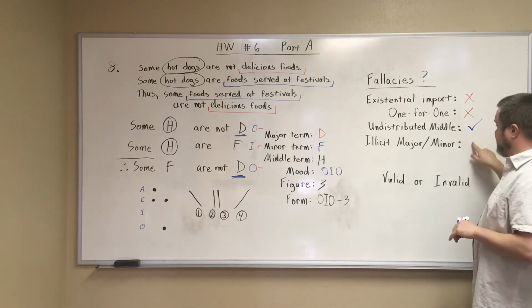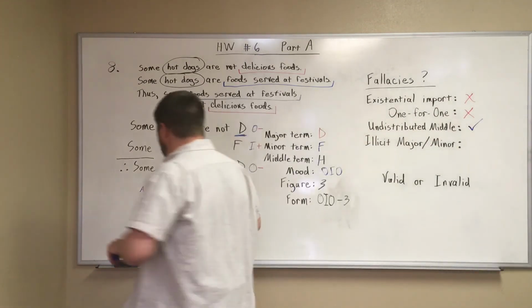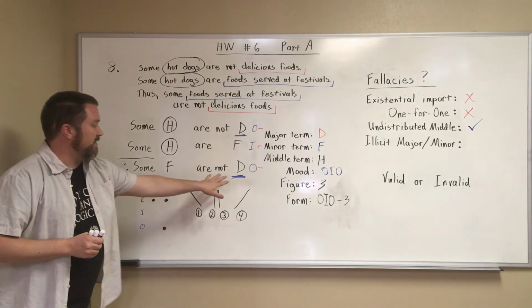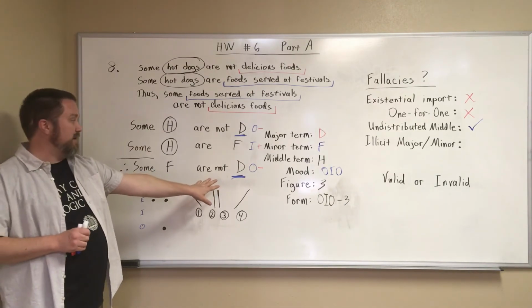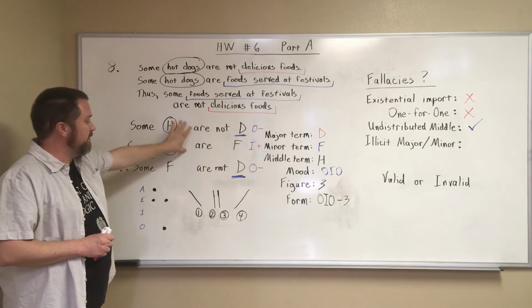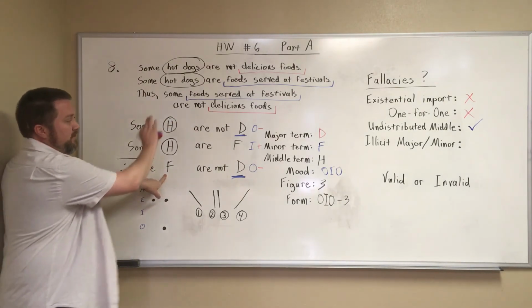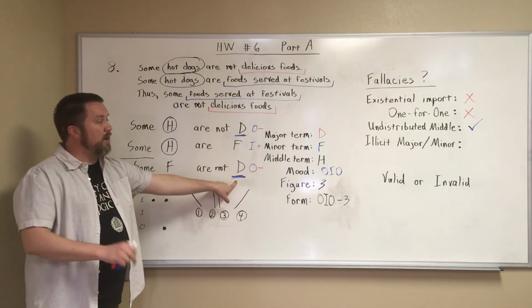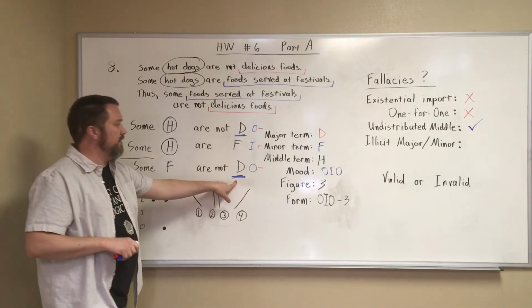This is the same as the last one, but just for practice, let's look at illicit major and illicit minor. That says that if either the major or the minor term is distributed in the conclusion, then it has to be distributed up in the premises. F is not distributed in the conclusion, so we don't even have to look up in the premises. D is distributed in the conclusion, so we have to make sure that it's also distributed where it appears.